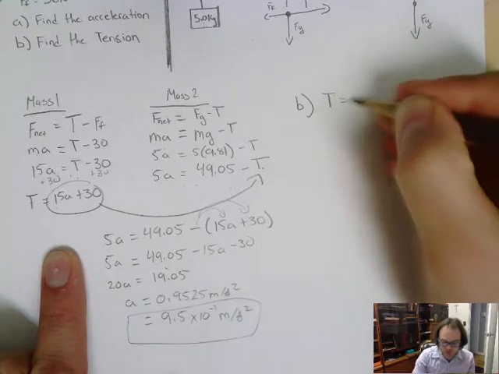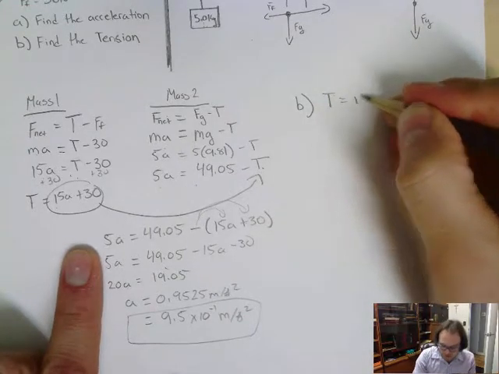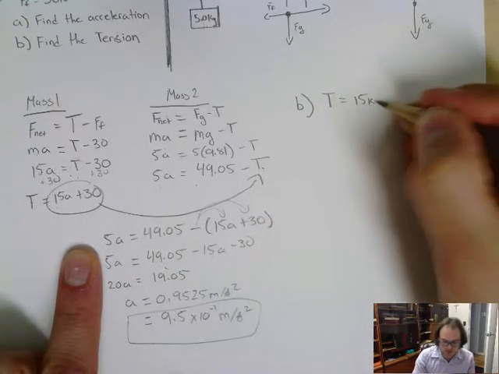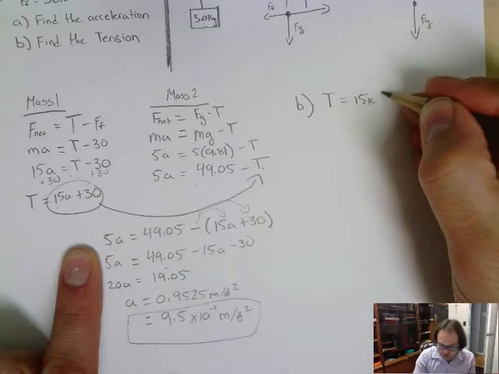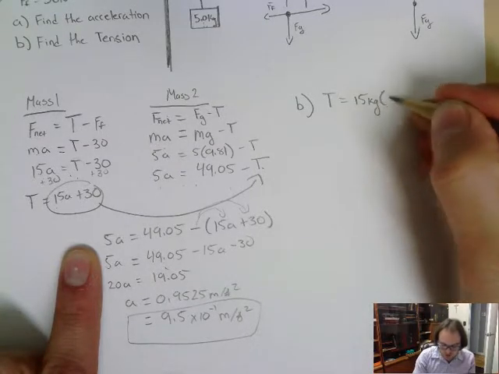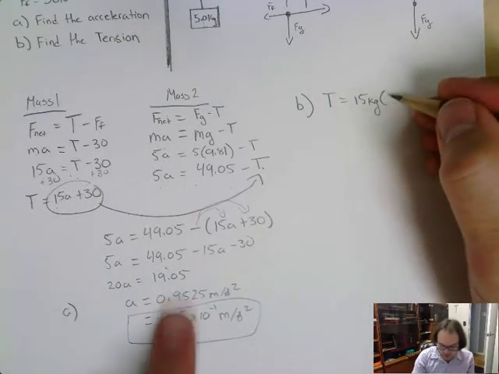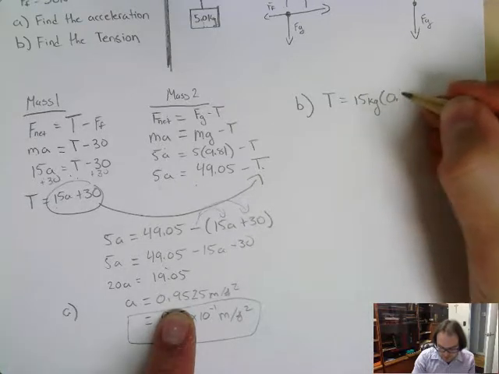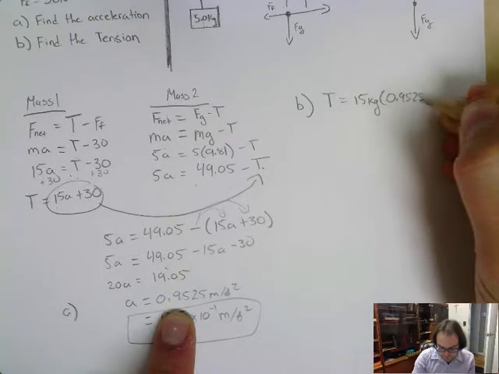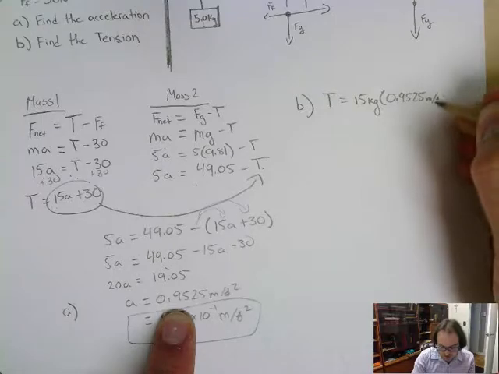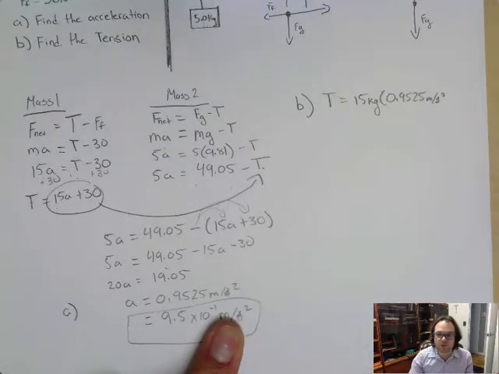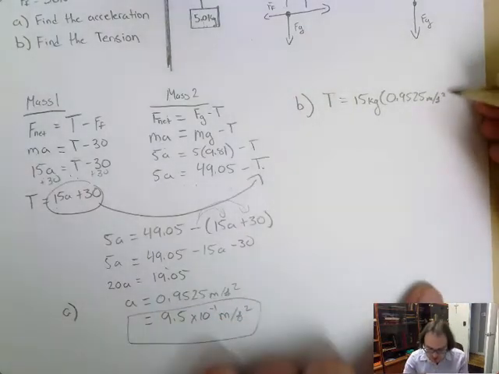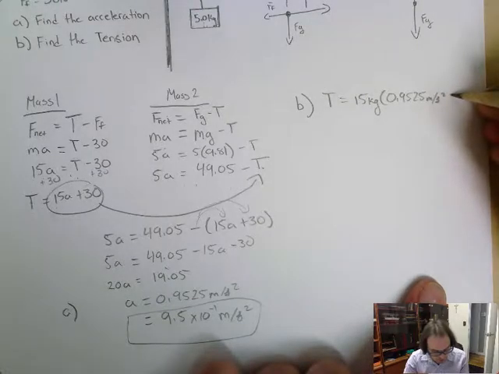Tension is equal to 15 kilograms times my acceleration, which is 0.95 meters per second squared, and then we want to add 30 newtons, which is the force of friction.